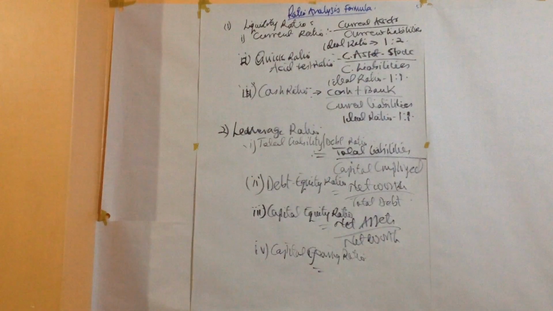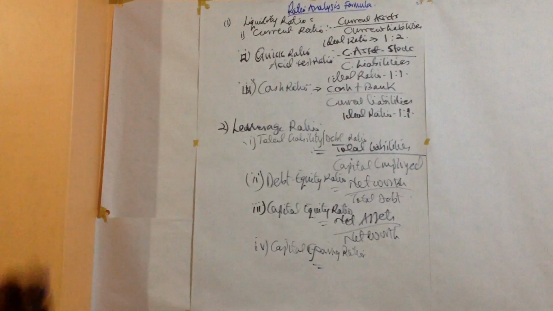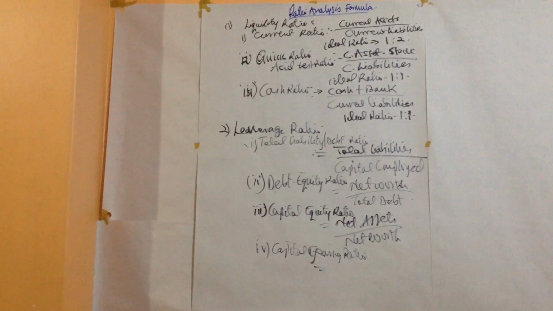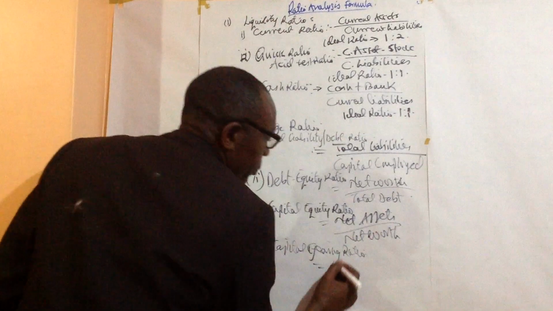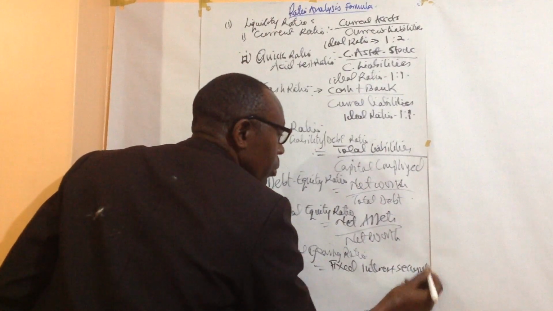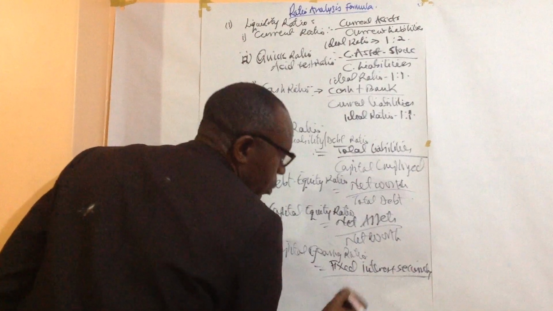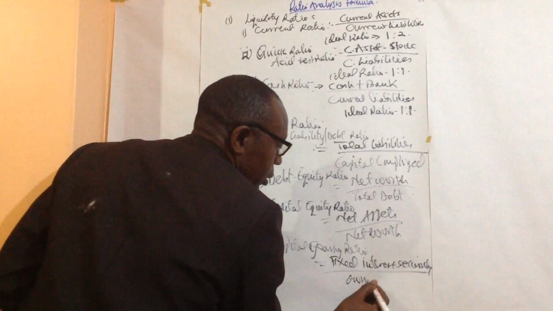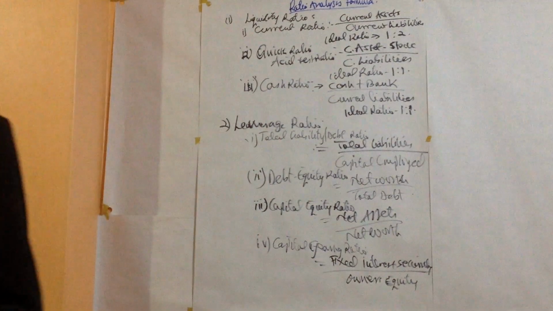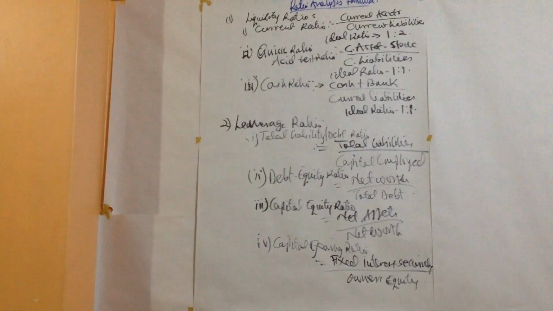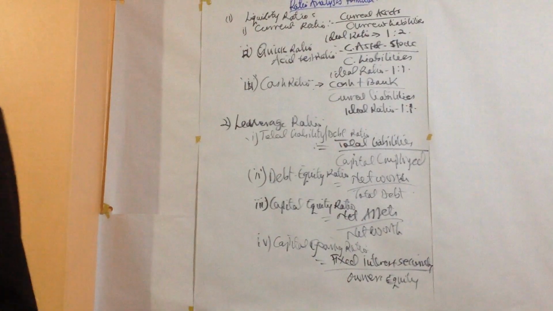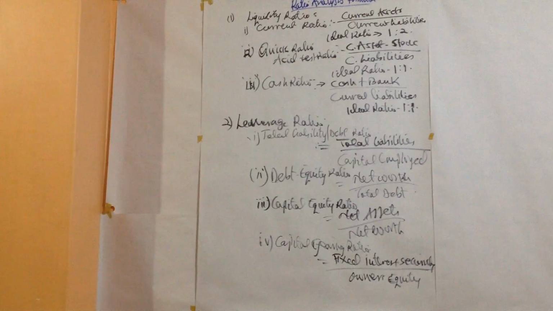This one is fixed interest bearing securities over the owner's equity. That gives us the capital gearing ratio, which measures the ratio between what we own and what we've borrowed from outside in respect of the assets that we have for running our business.